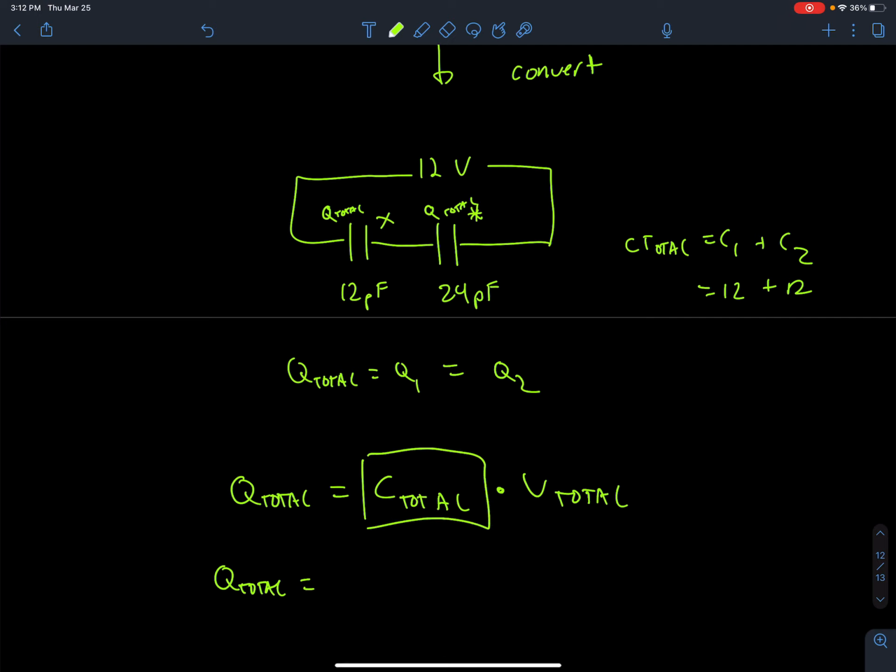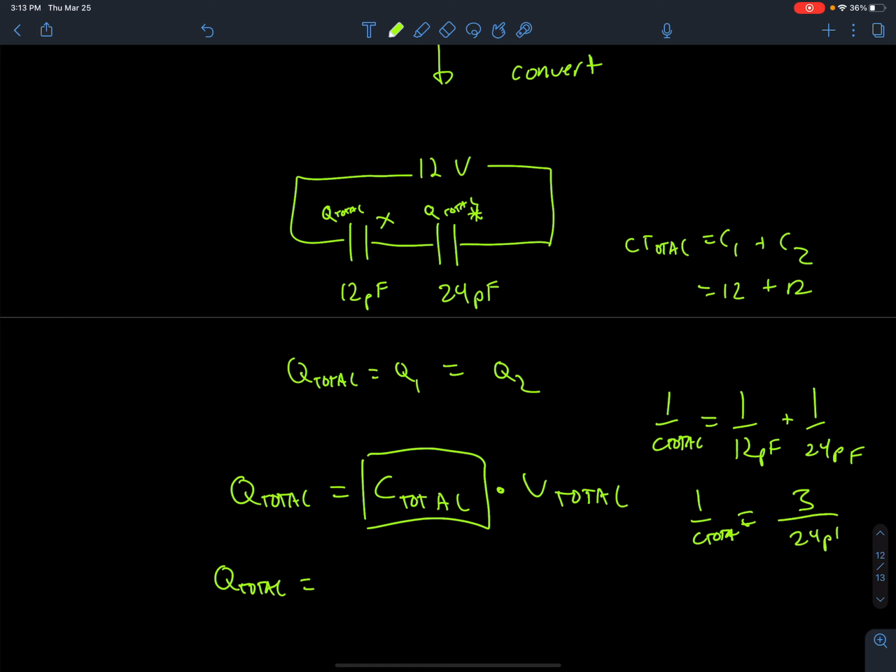So 1 over C total is equal to 1 over 12 picofarads plus 1 over 24 picofarads. Okay, what does that become? 1 over C total is equal to 3 over 24 picofarads. If I flip that over, C total is going to be 8 picofarads.